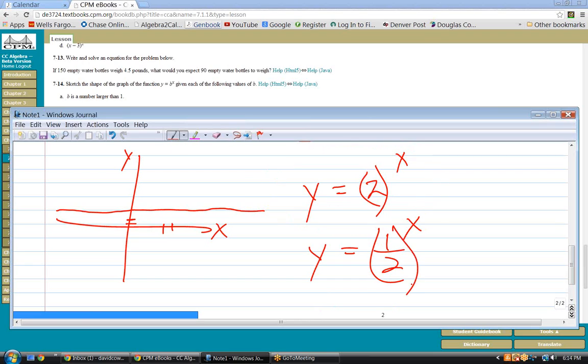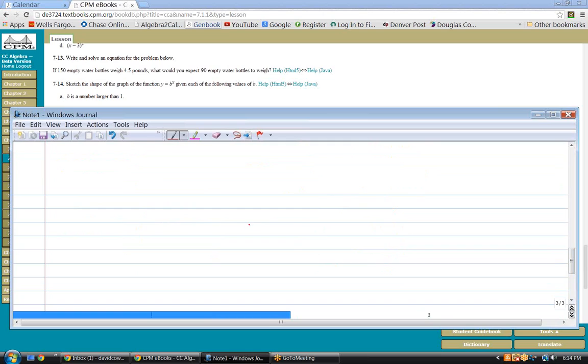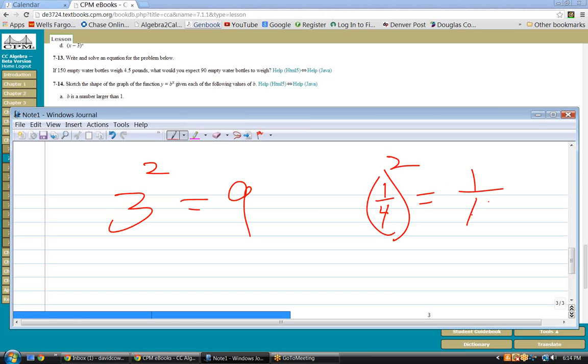It's very important to understand that when you, for example, square a number greater than 1, it gets bigger. If I square that number right there, it becomes 9. If I square a number smaller than 1, it gets smaller.